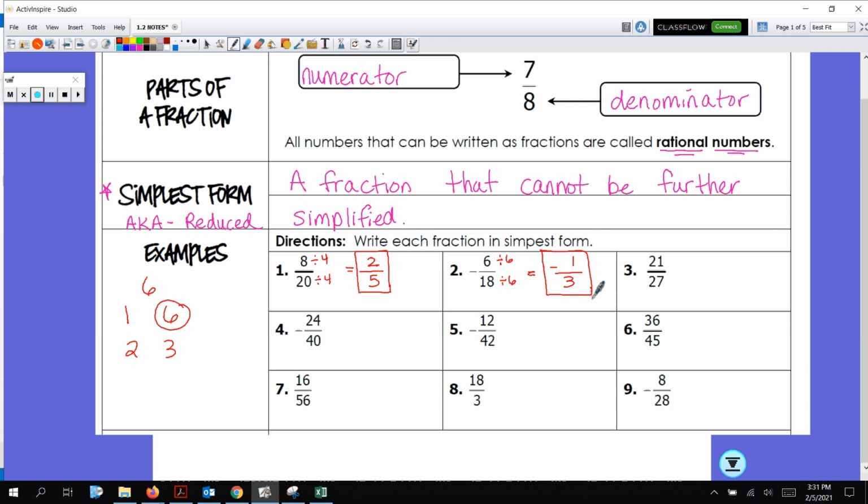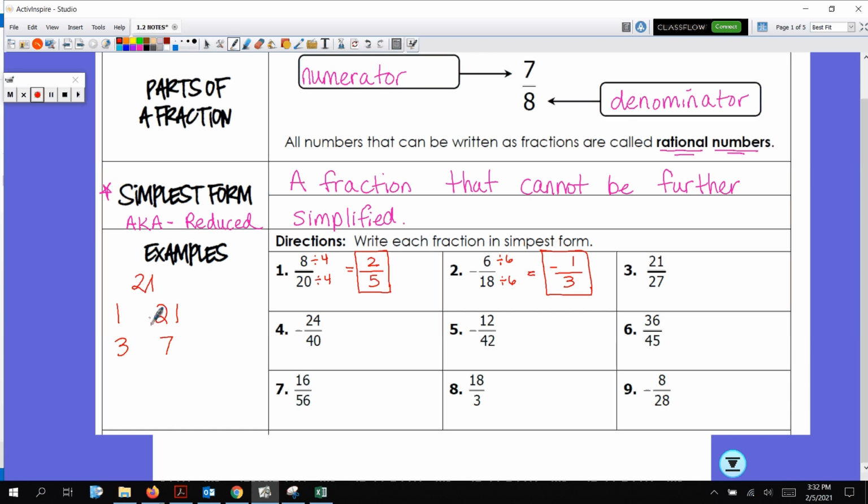I'm going to do one more example here, and then I want you guys to pause the video and try to do some on your own as well. All right, so when I look at number 3, at 21 and 27, well, 21 is the smallest number, so I'm going to write down 21 and write all the factors I know about 21. Well, I know it's 1 times 21 and 3 times 7. There are no other factors of 21.